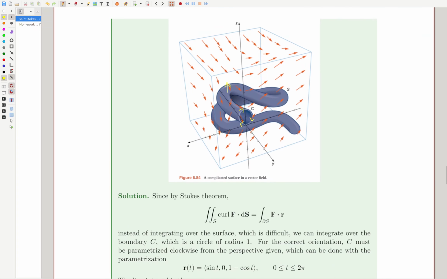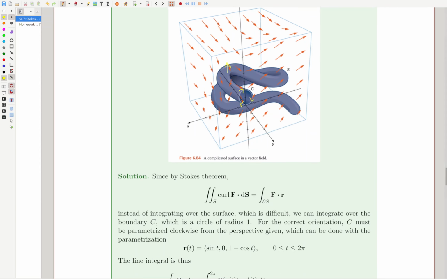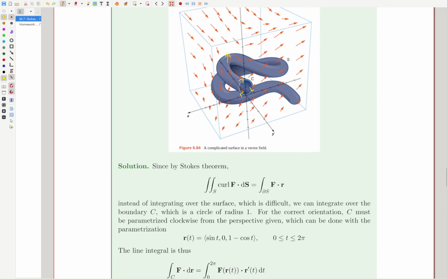Okay, and then you can also notice that if these tick marks are of unit length, then this circle is a circle of radius 1. It is on the xz plane, though. Notice that. Okay, but there's a typo there. That should be a dr, f dot dr.